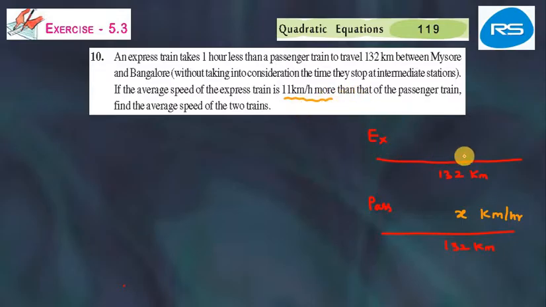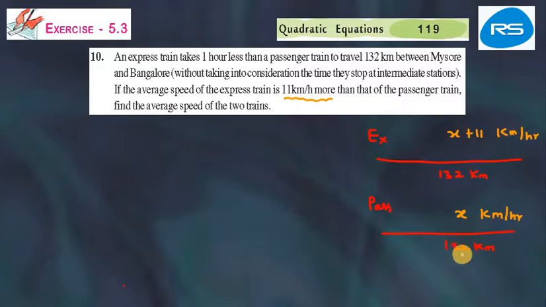So the speed is more than this one. So this is x plus 11 kilometers per hour. Why did I add? Passenger train's speed plus 11 kilometers per hour. So x plus 11, the speed is more for the express train.